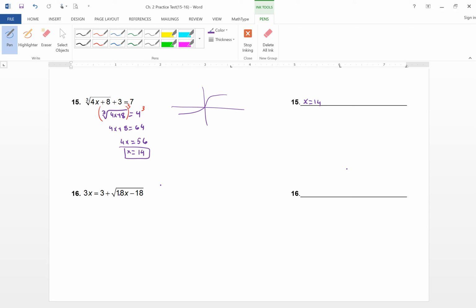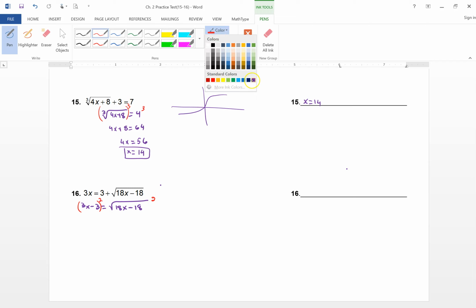So first you isolate the root, meaning you have to take the 3 to the other side. Leave the root alone. So here we have 3x minus 3 is equal to the square root of 18x minus 18. Okay? And now you square.